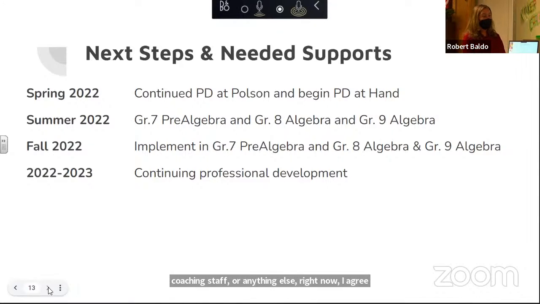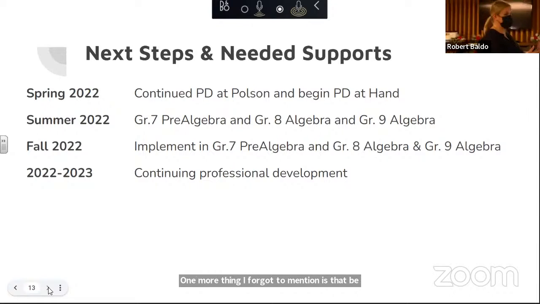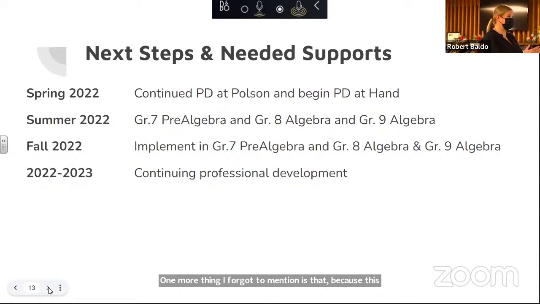And so it's really going to be important for 7th, 8th, 9th grade to have coaching support going forward. Oh, and one more thing I forgot to mention is that this isn't a system that has a textbook, it has consumables like workbooks for students. That's another expense that would be part of this program.